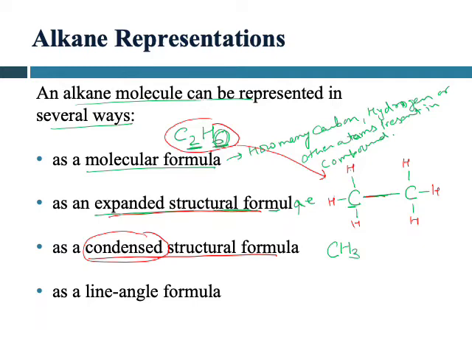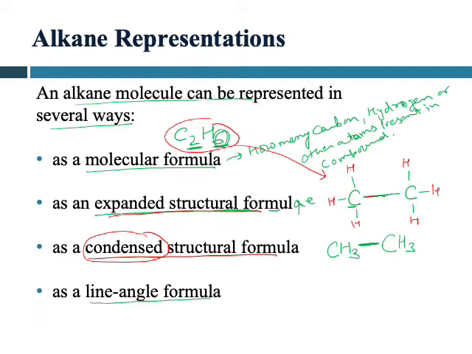Then this bond, then the other carbon, which also has 3 hydrogens. So CH3 bond CH3. You usually don't show a bond between carbon and hydrogen, just between carbon and carbon. This is a condensed structural formula.